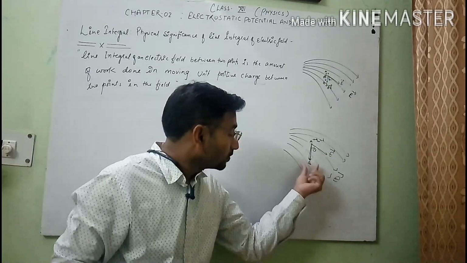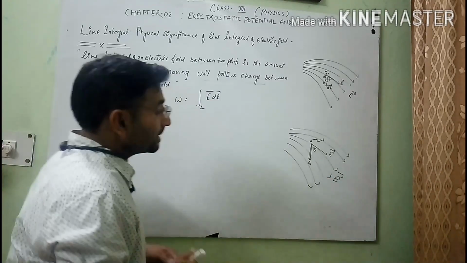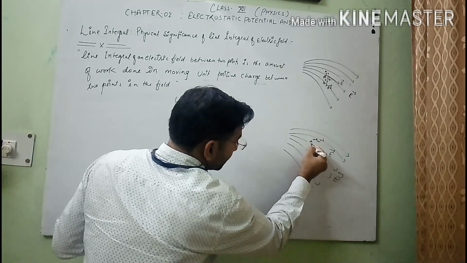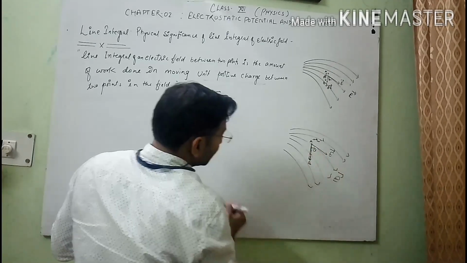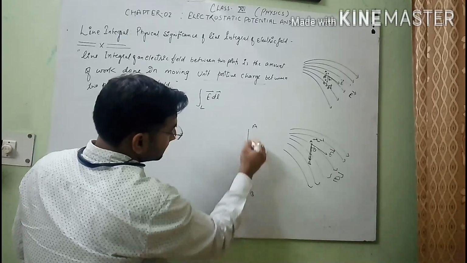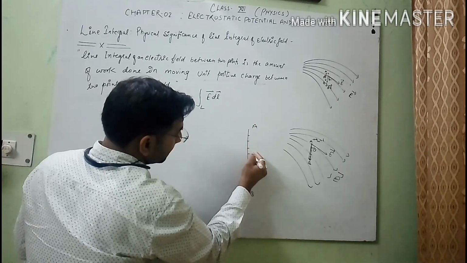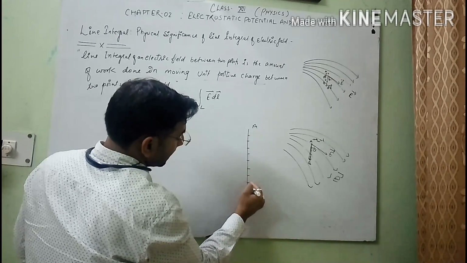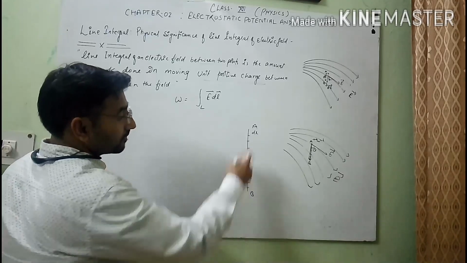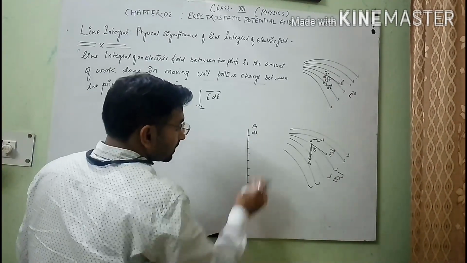First of all, you will divide the line segment AB into small elementary distances, line elements of length dl, or dl1, dl2, dl3, dl4 and so on.